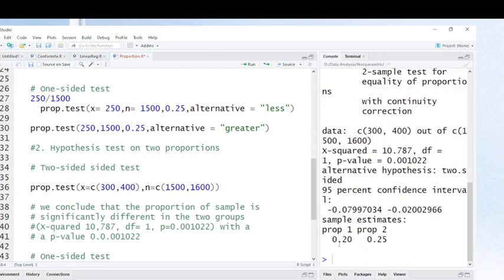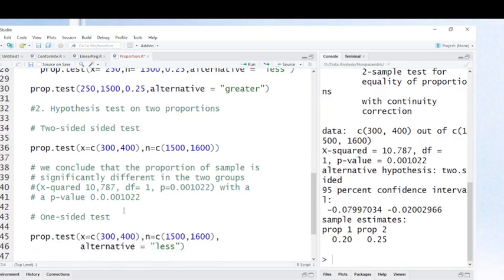Now 0.20 and 0.25 are statistically different. Now, when you want to report, we conclude that the proportion of the sample is significantly different in the two groups, and we report these statistics and the p-value.